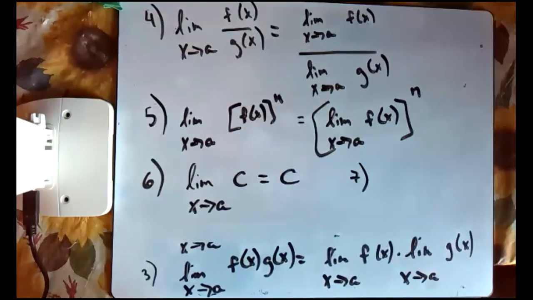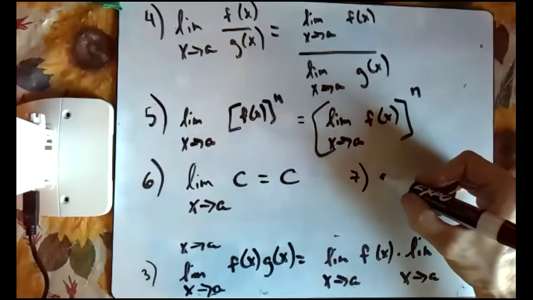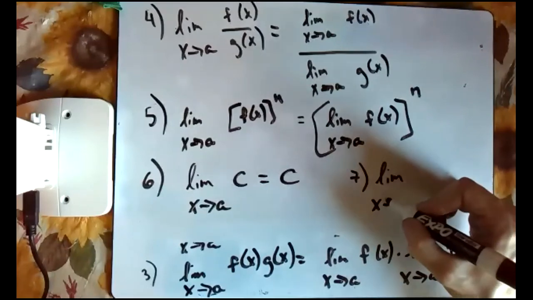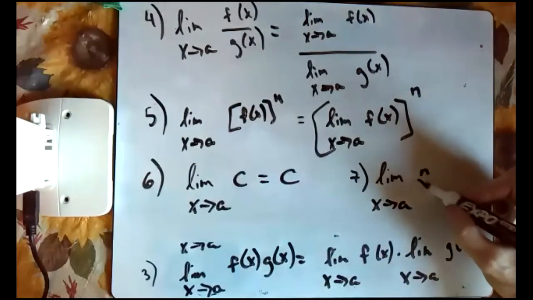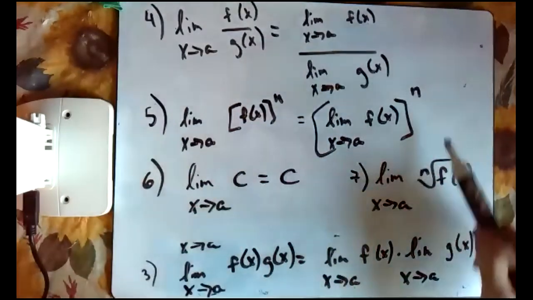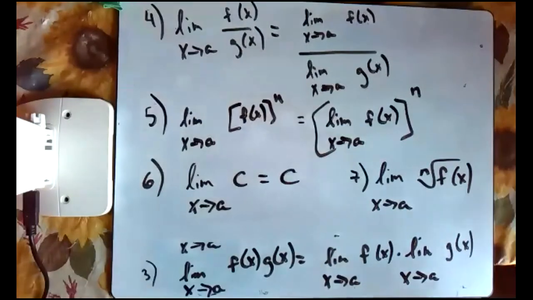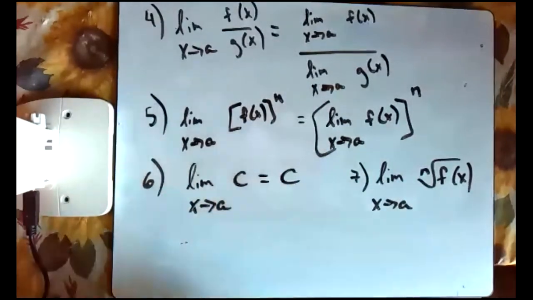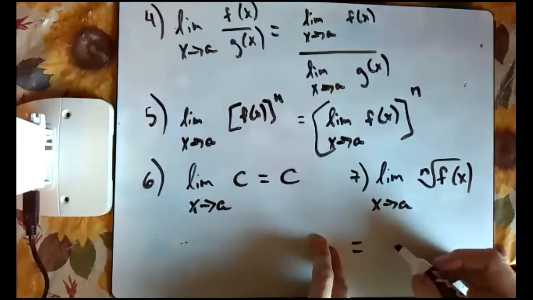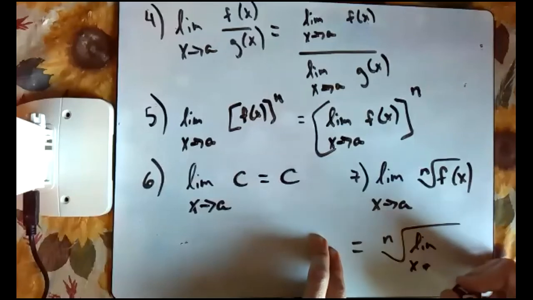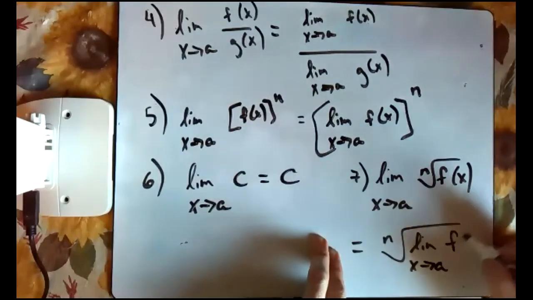And the last one is the limit as x approaches a of the nth root of f of x. So it's kind of like number 5, because radicals and exponents, you can write them in equivalent forms right there. So what would happen in that case is it's the same thing as saying the nth root of the limit as x approaches a of f of x.